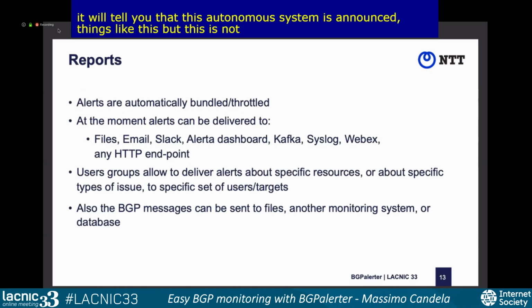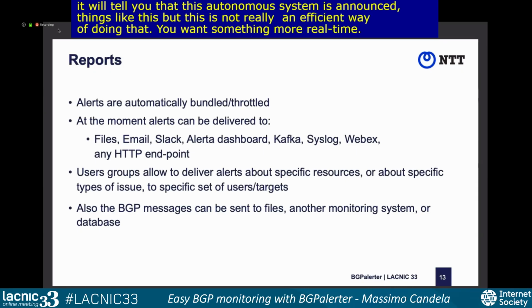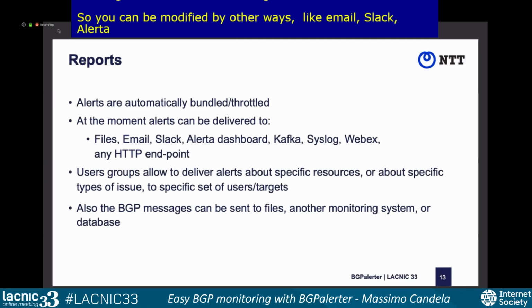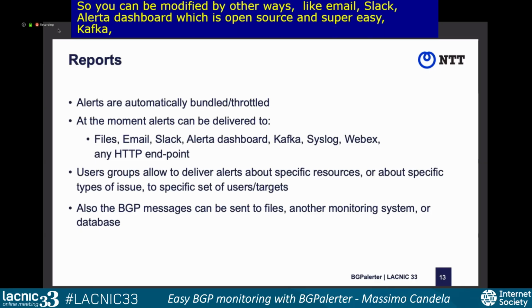So BGPalerter by default is able to connect to a lot of other ways of notifying you: email, Slack, Alerta dashboard, which is open source and super easy to use and install, a visual dashboard, Kafka, syslog, WebEx, or any HTTP endpoint, so with a POST request to whatever endpoint you would like. And the alerts are going to be bundled and throttled.